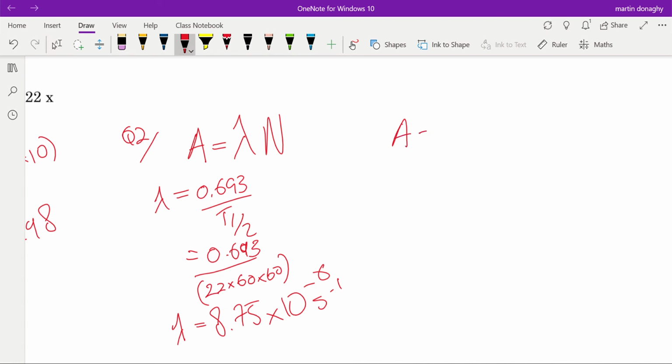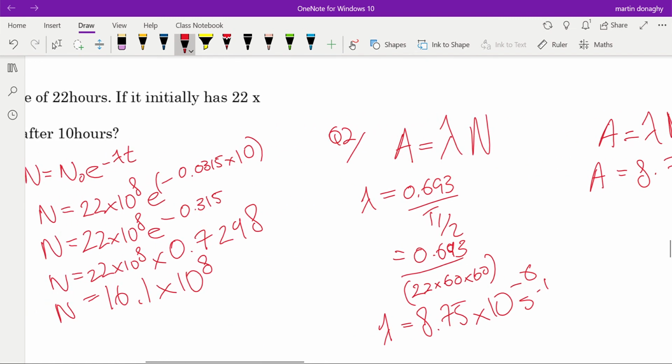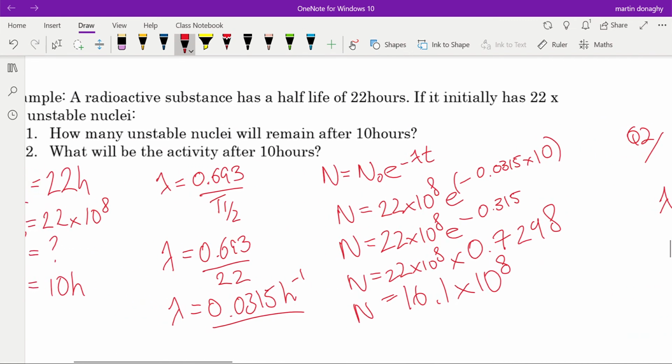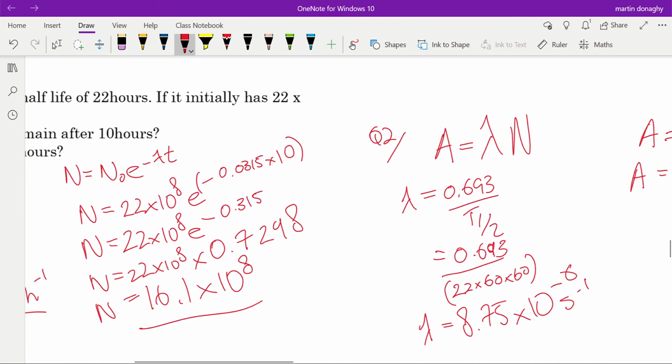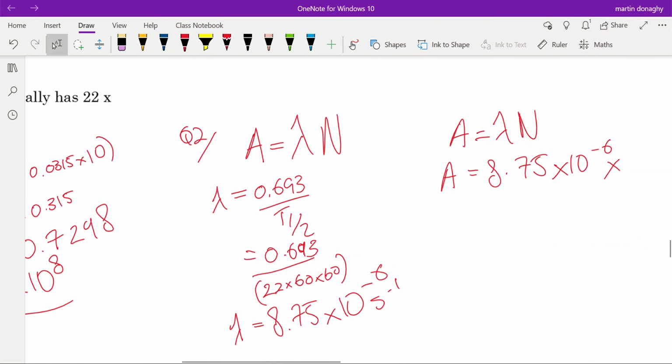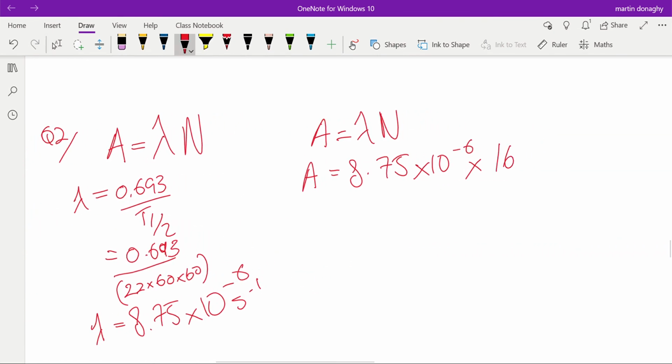Okay. Once I've done this, then I can put this into my equation. So we have A equals lambda N. A equals 8.75 by 10 to the minus 6 multiplied by the N. Remember, we're looking for the activity after 10 hours, so we have to use the number of unstable nuclei after 10 hours, which is what we worked out here. So that would be 16.1 by 10 to the 8, wasn't it?